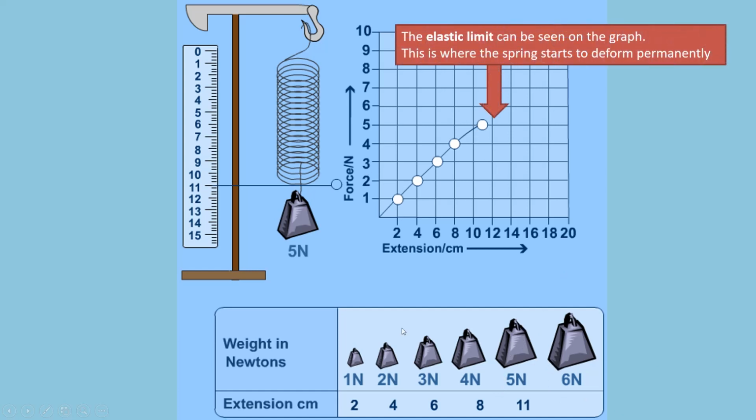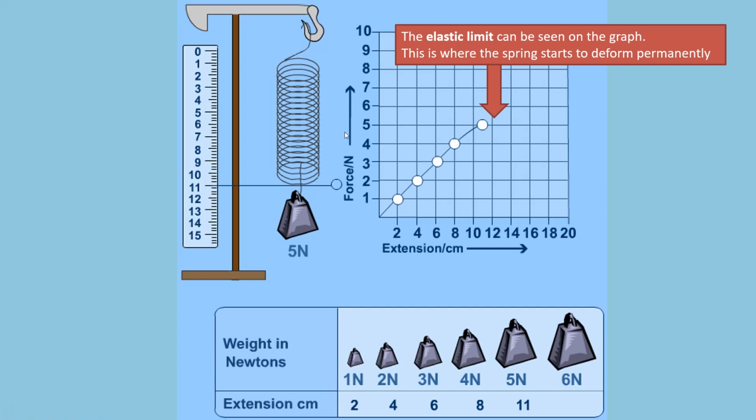Before I put the 6 Newton, let us read this sentence. The elastic limit can be seen on the graph. This is where the spring starts to deform permanently. So this point represents that 5 Newton is the elastic limit.